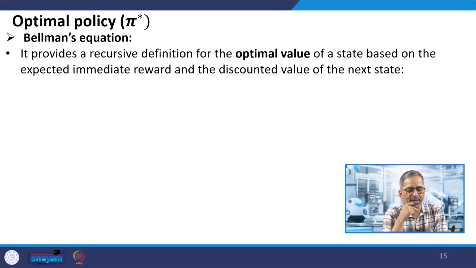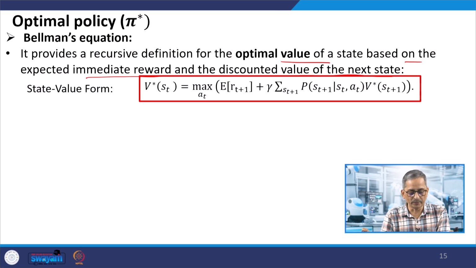There is an important equation used here, called the Bellman equation. It provides a recursive definition for the optimal value of a state based on the expected immediate reward and the discounted value of the next state. This is the state value form, which is in fact the equation we saw in the previous slide.